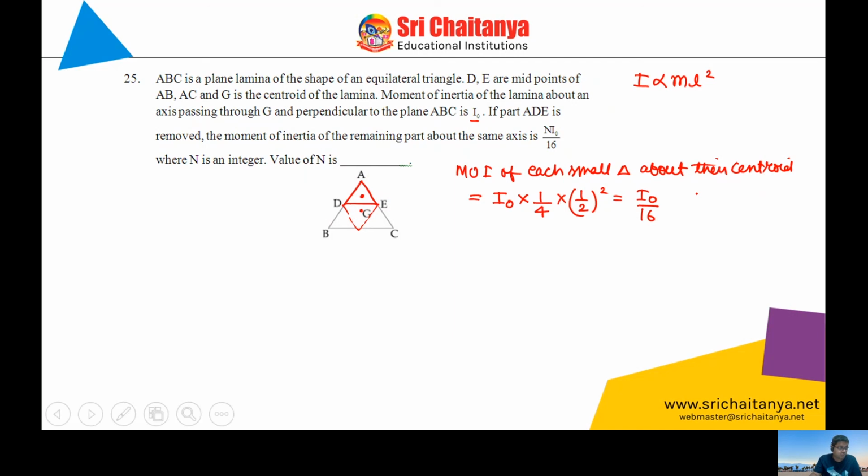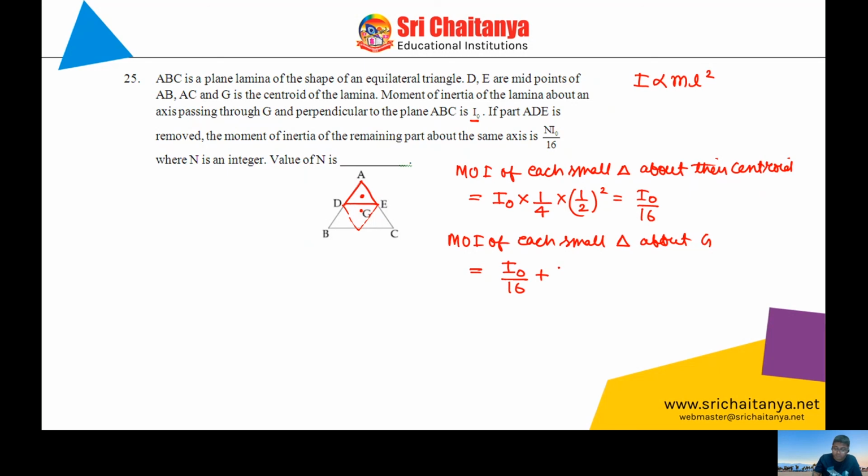So, for example, the moment of inertia of each small triangle about G, we can find using the parallel axis theorem. Remember, about their respective centroid this is I naught by 16. So I can use the parallel axis theorem.